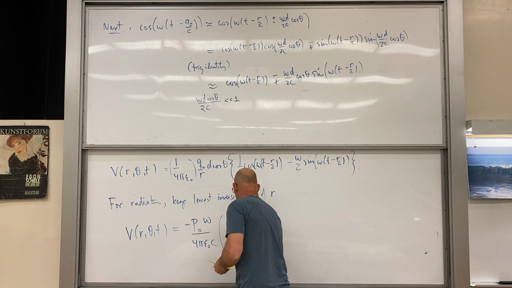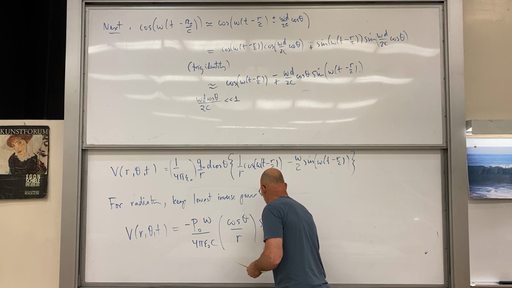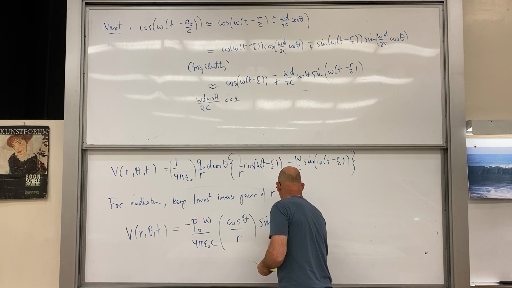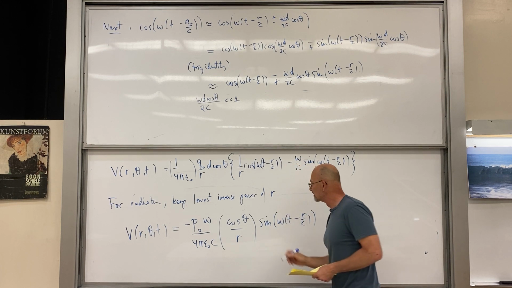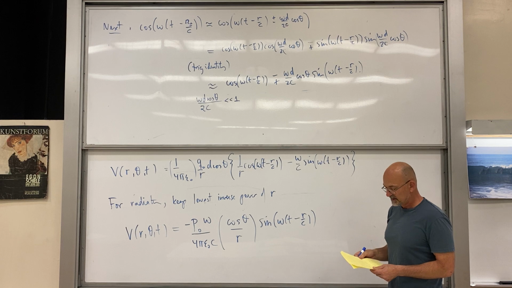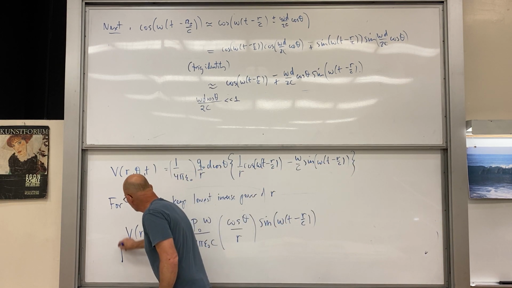I've got the cos θ over r, and I've got the sine of ω(t − r/c). Okay, that's nice. So that's the scalar potential.